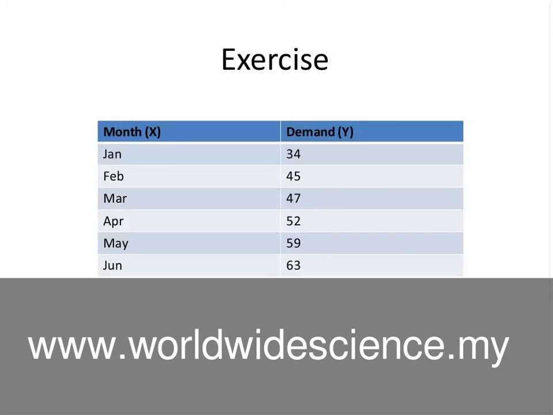With the historical data we have now, we can calculate A and B. After that, we can use the linear equation for months after June that we don't have.